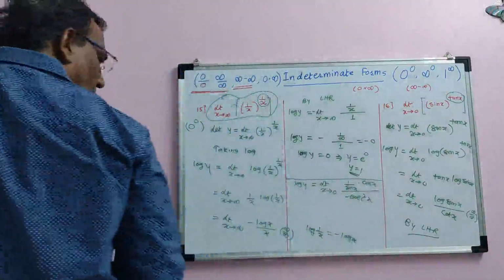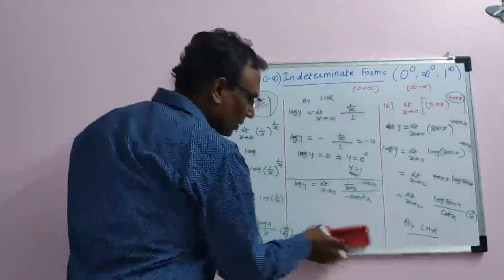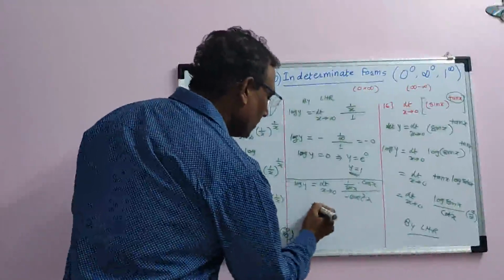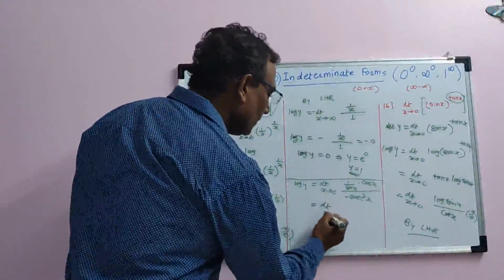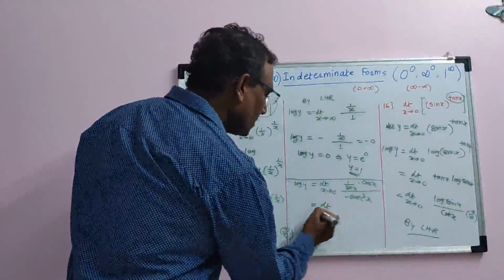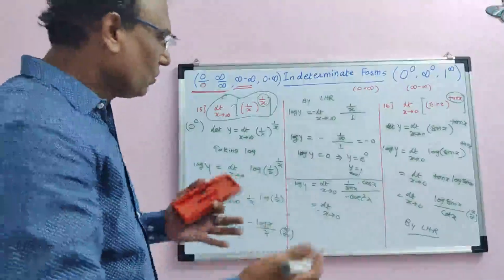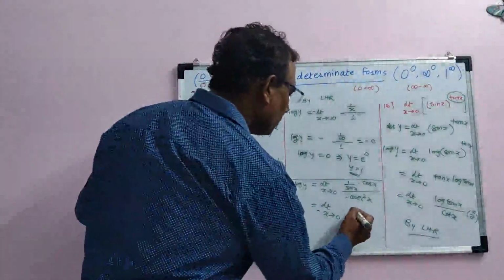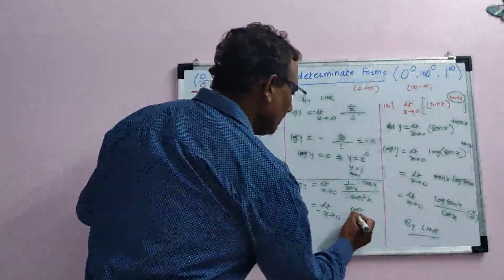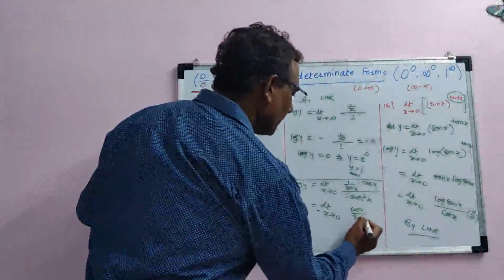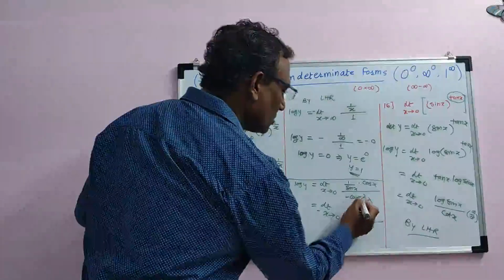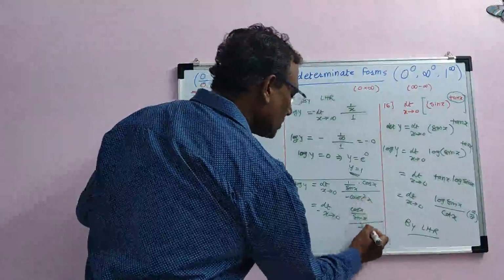Now the right hand side we are solving. Okay, when you apply L'Hospital rule, if possible, try to solve for one or two more steps if simplification is possible there. And this cosec square is what? 1 by sin square.